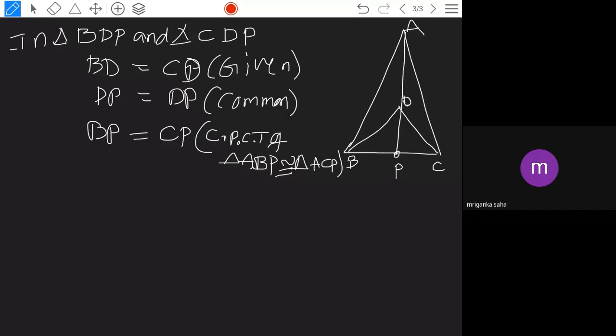So by SSS, triangle BDP is congruent to triangle CDP.